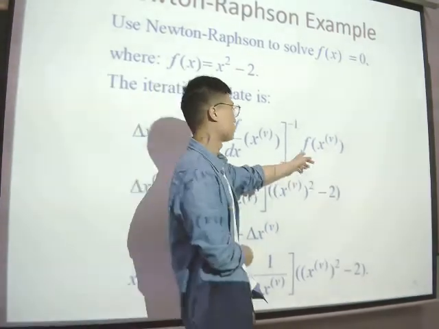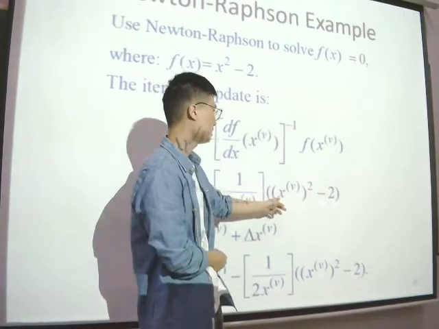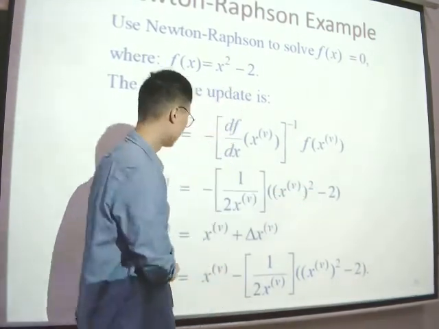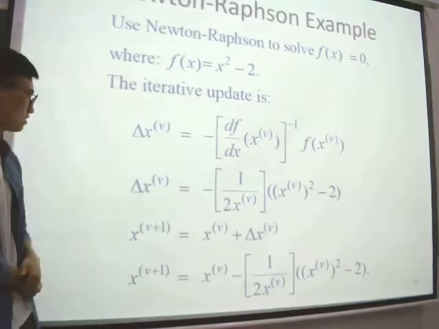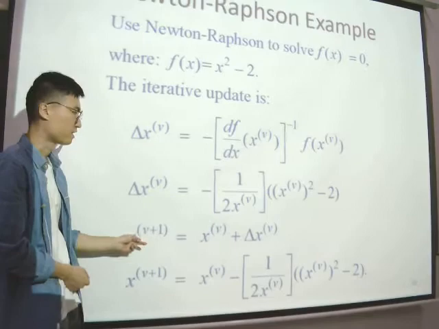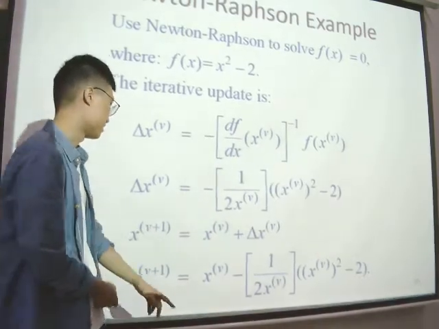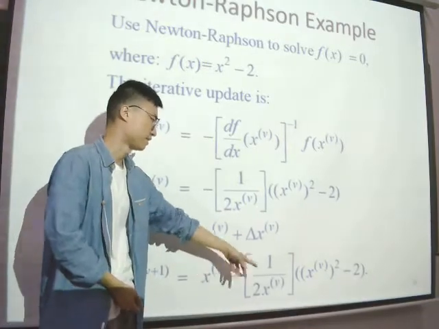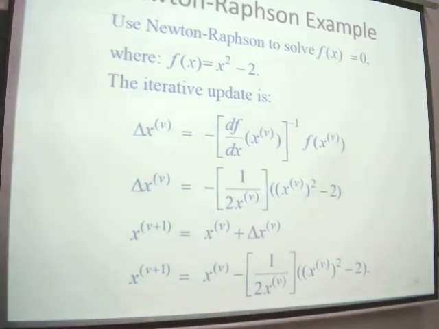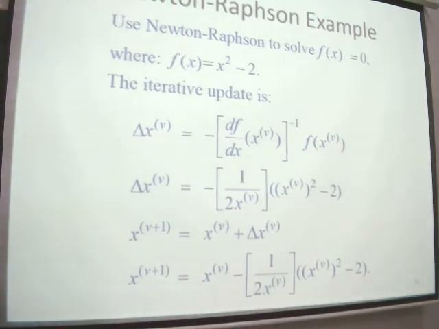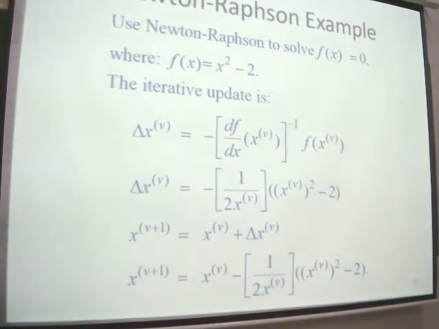And here the function is x_v squared minus 2. For this step, to update the x we get x minus this delta x. Okay, no problems.